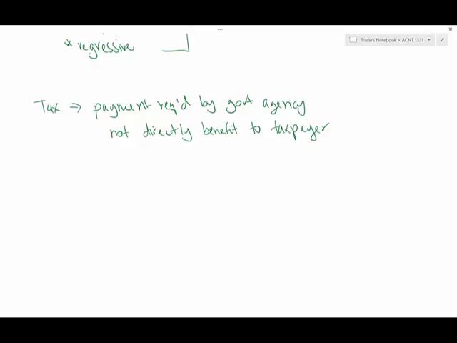Now, when we calculate a tax, initially the calculation for a tax is very simplistic, it seems. The tax is calculated as the tax base multiplied by the tax rate. So the calculation of taxes is quite easy. The complicated part, as I said, is when we talk about what is the tax base.